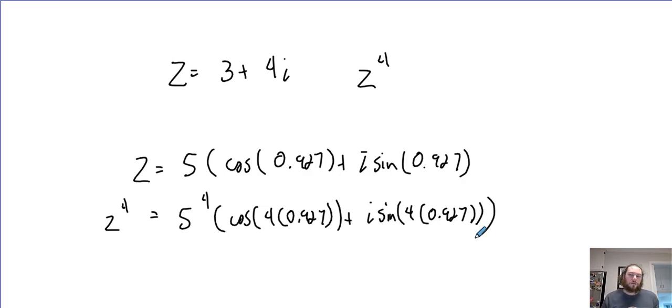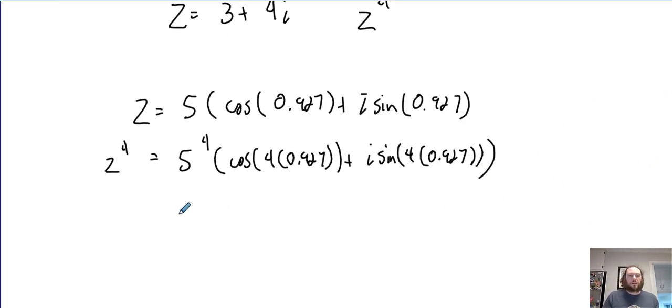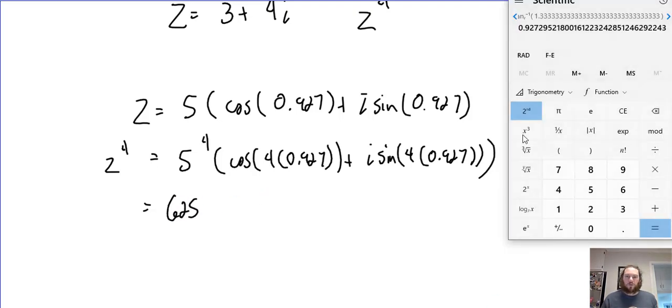And there we go. We could simplify this a little by doing out the multiplications and powers. So 5 to the 4 is 625, and 0.927 times 4 is 3.709.